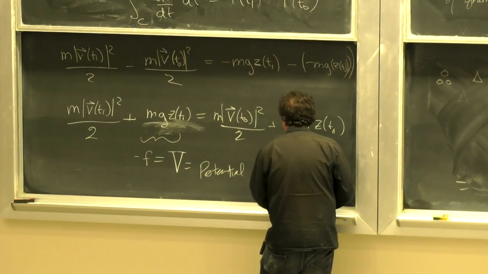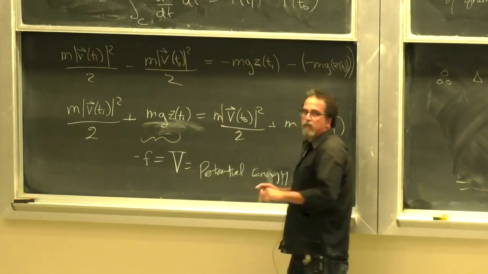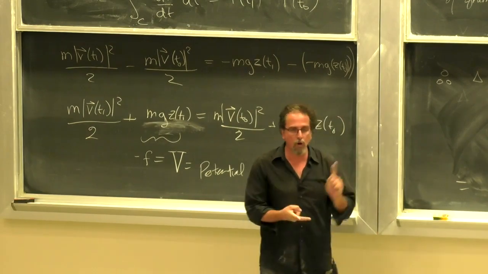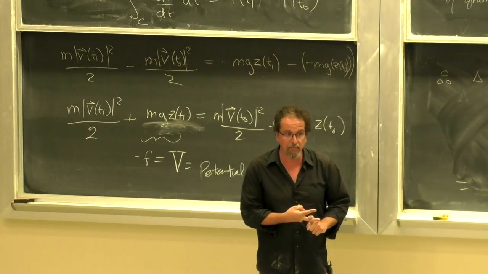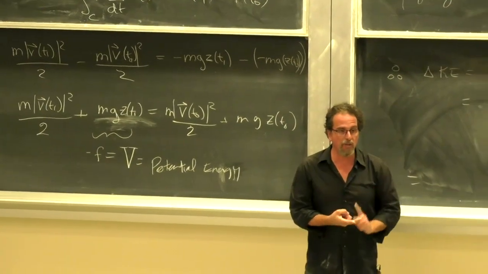Or rather, what we have just discovered, everybody, is the following. When your force vector is a gradient, your work is independent of path. It only depends on where you started and where you ended.